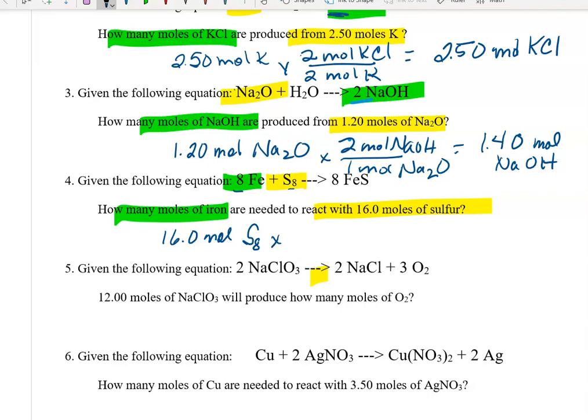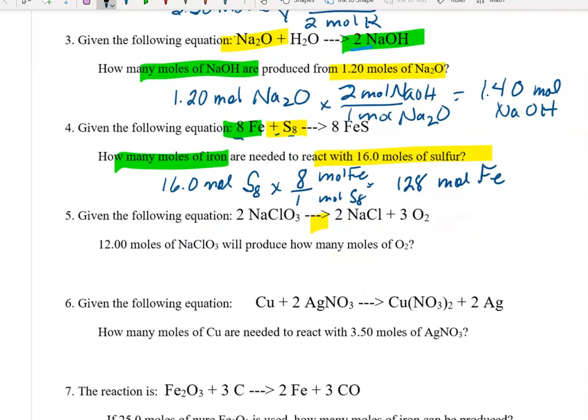The ratio of iron, the unknown, over sulfur, the known, is 8 to 1. 8 moles of iron will react with 1 mole of sulfur 8. And I'm going to have to cheat and use a calculator: 16 times 8 is 128 moles of iron will be needed to react with 16 moles of sulfur.